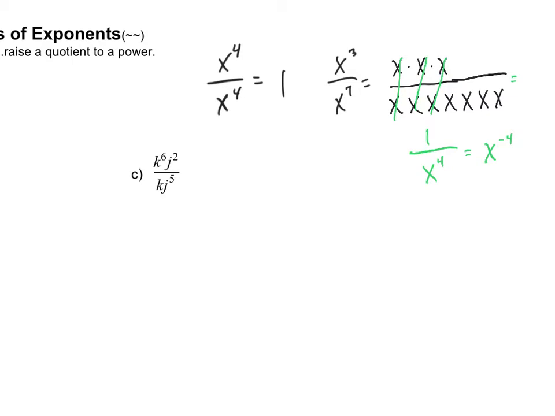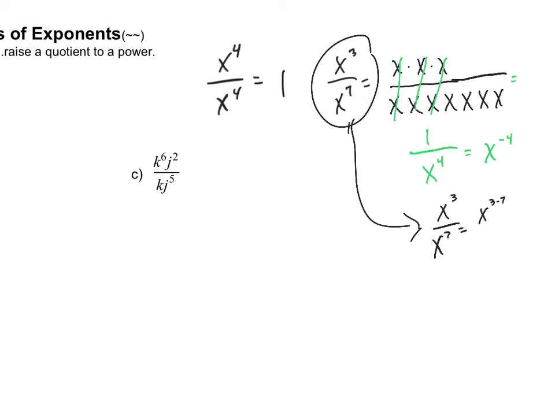We're going to learn here that when we divide like bases, we subtract our exponents. So we could have completed this problem using the division property: x to the third over x to the 7th, so we subtract our exponents, x to the third minus 7, which turns out to be x to the negative fourth.